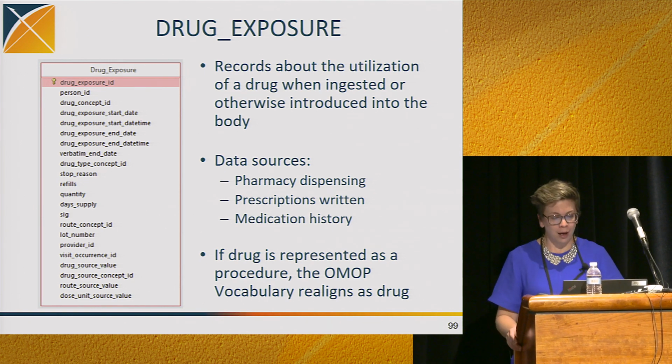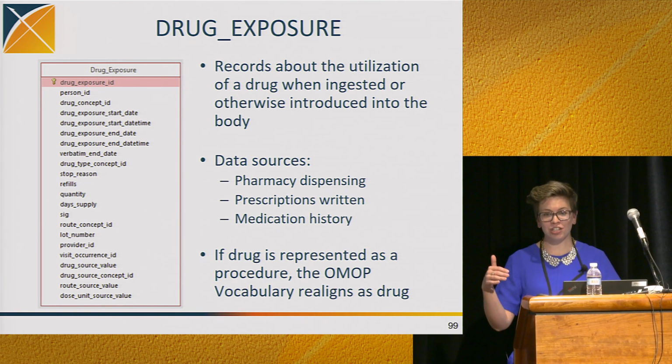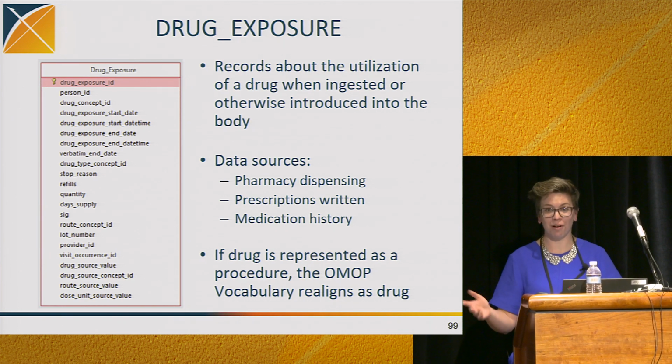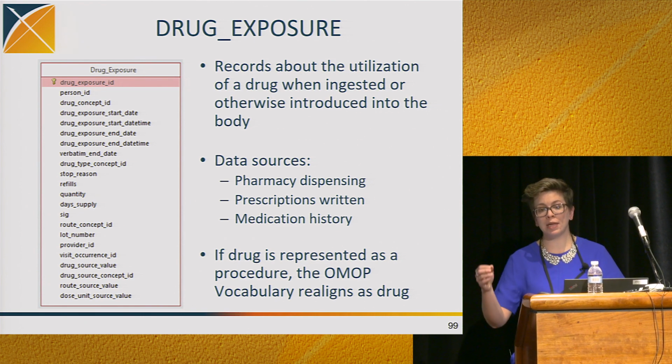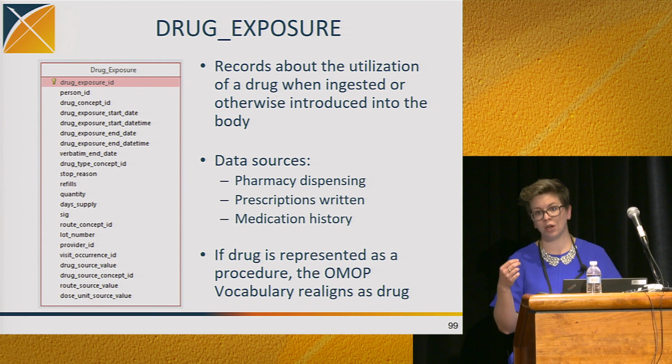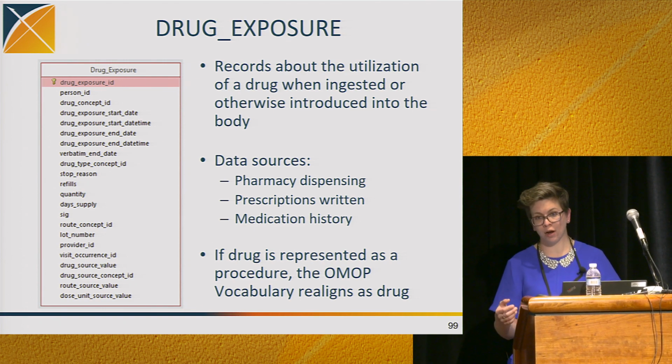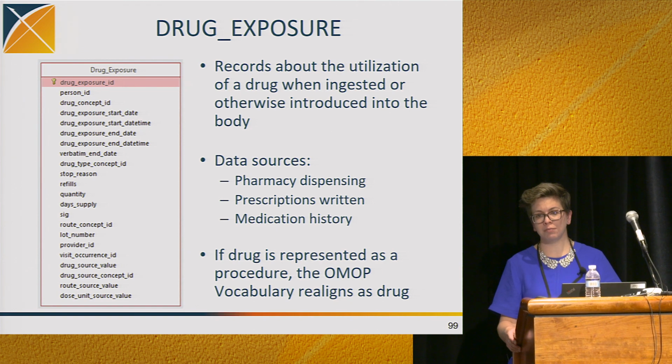Okay. So we talked about conditions, but next, I guess, exciting part of the CDM is where do you put the drug exposure? So we have our drug exposure table, and this is supposed to represent when we think or believe that a patient has actually ingested or come in contact with a drug. So this is not situations where we're not sure.